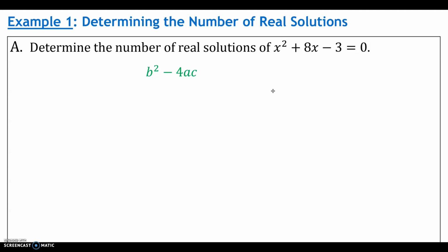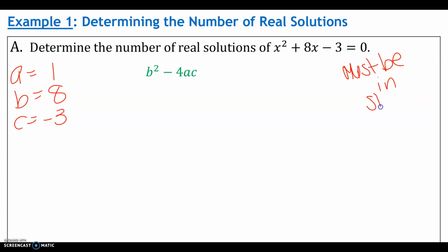And then, like we had before with our quadratic formula, we should write down our a, b, and c. a is 1, b is 8, c is -3. Also, just to make a note, the equation must be in standard form. That is the same rule that applied when you did the quadratic formula.